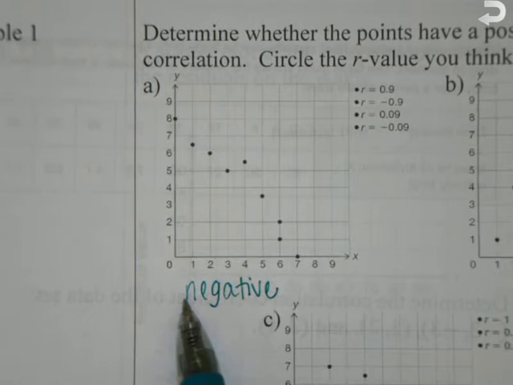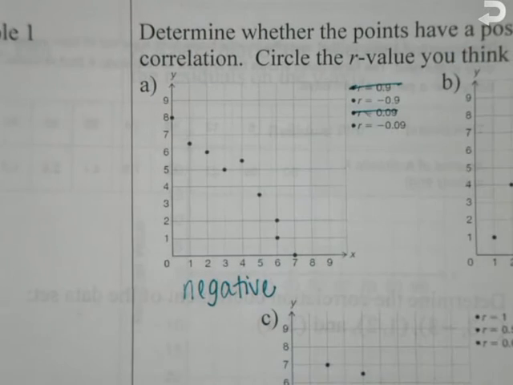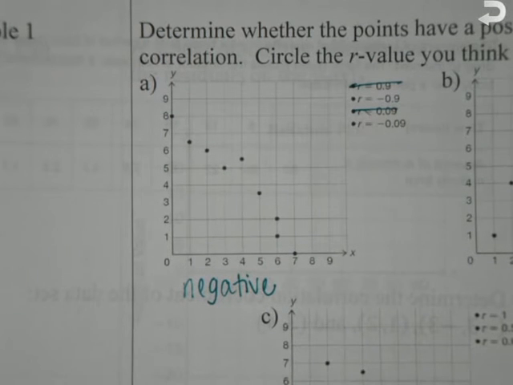Now, we already determined that the correlation is negative, so I know that it can't be either of the positive ones. Does that make sense? Okay, so I know it has to be one of the negative ones. And remember, in terms of correlation and statistics, negative does not mean bad, okay? Negative just means that as one is increasing, the other is decreasing. So they're going in opposite directions.